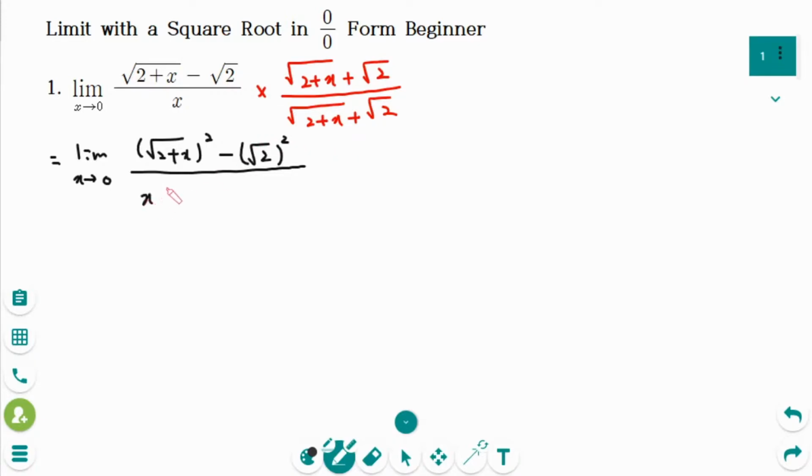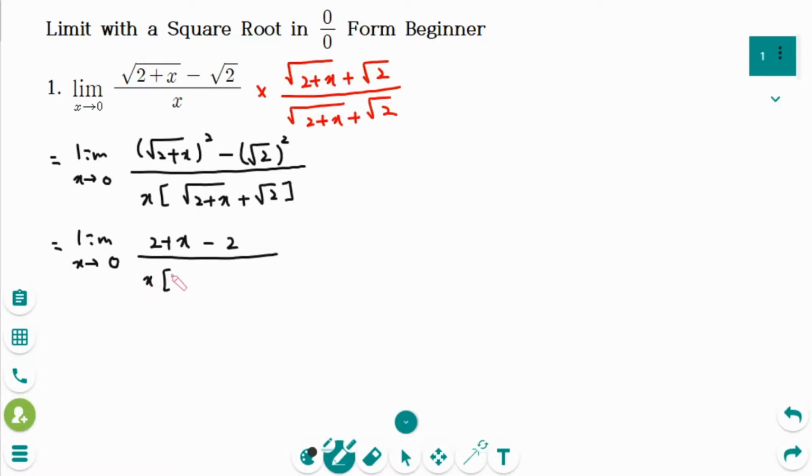So x times square root of 2 plus x plus the square root of 2. And then simplify. So 2 plus x minus 2 over x times square root of 2 plus x plus the square root of 2, and then cancel 2 and minus 2.